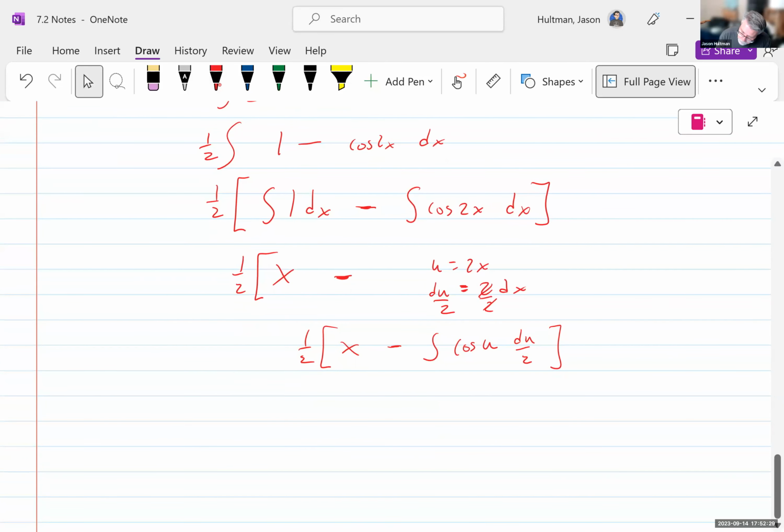And so the integral of cosine is sine, right? I could pull that du over 2, the 1/2, out in front of the integral if I really wanted to. Maybe I'll write it like that: minus 1/2 times the integral of cosine u du.